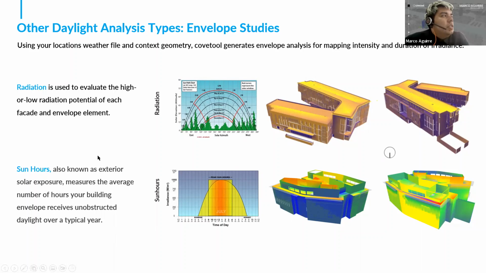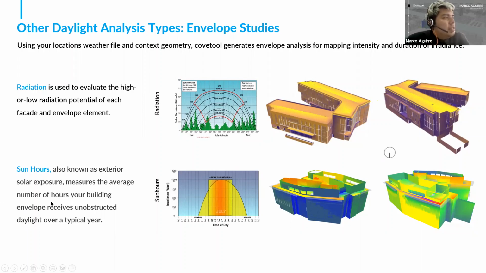Radiation looks at the intensity of sunlight on the building envelope. Of course, you all know sunlight is basically just energy, energy that provides light to a space, but it also provides heat. So we're looking for any areas on the building envelope exposed to a lot of radiation that could become a heat issue or a potential area for opening up for glazing.